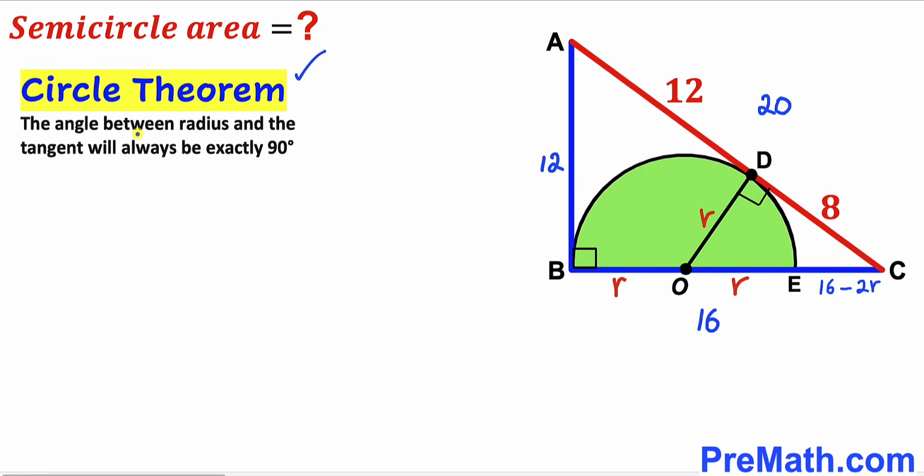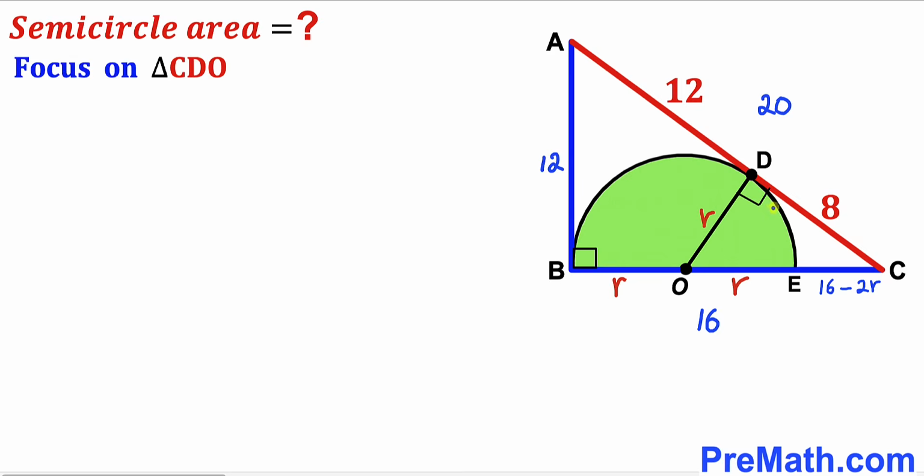According to this theorem, the angle between the radius and the tangent line will always be 90 degrees. So this angle CDO has got to be a 90-degree angle, since OD is the radius and AC is the tangent line.